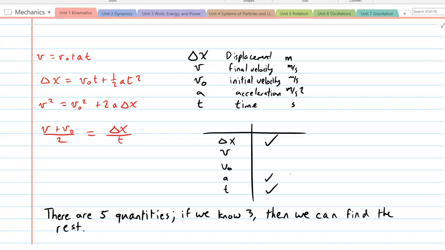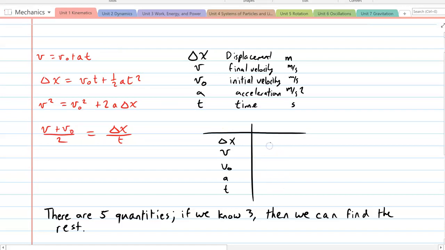Which one can I use? I'm trying to see which one doesn't have both the velocities, and it's this one. I can solve for velocity here because I know time and acceleration and position. So if I find velocity, I can find the final velocity using this equation right here.